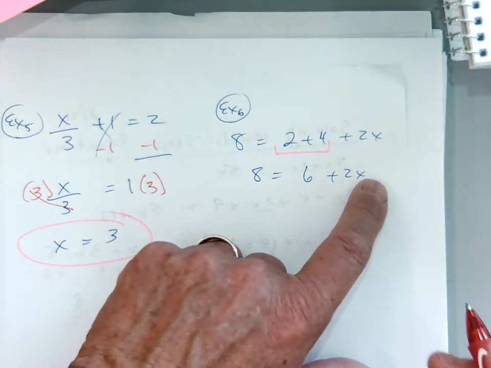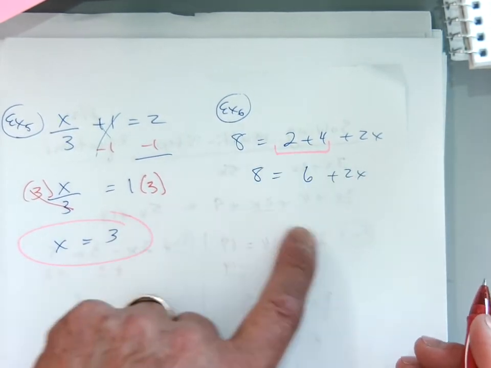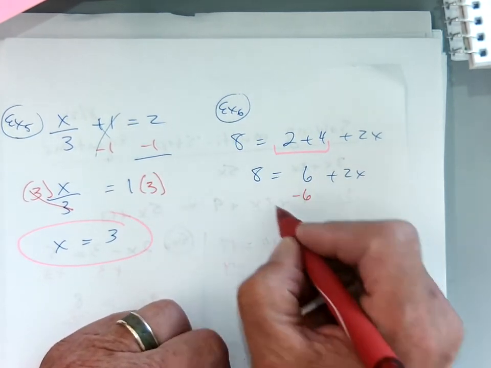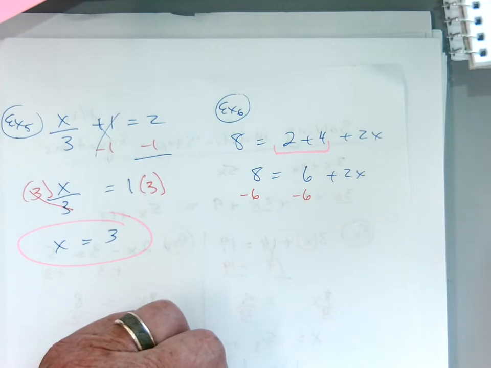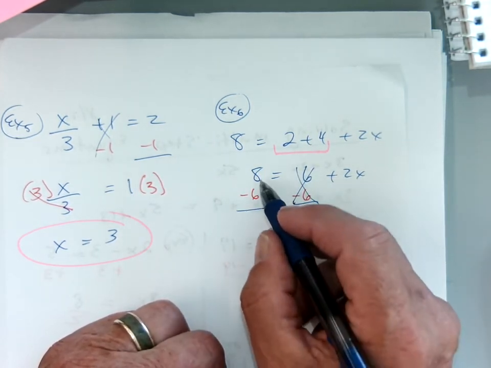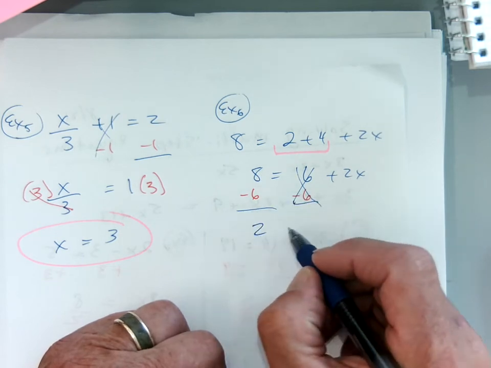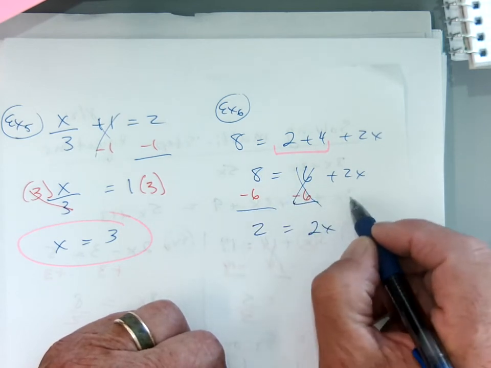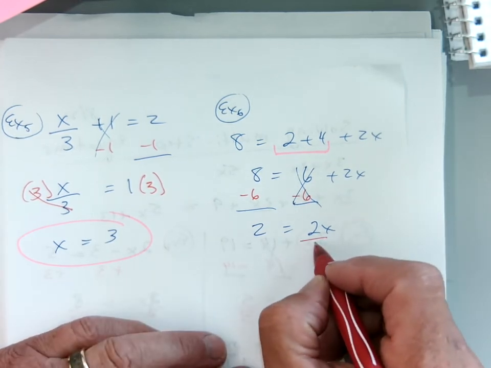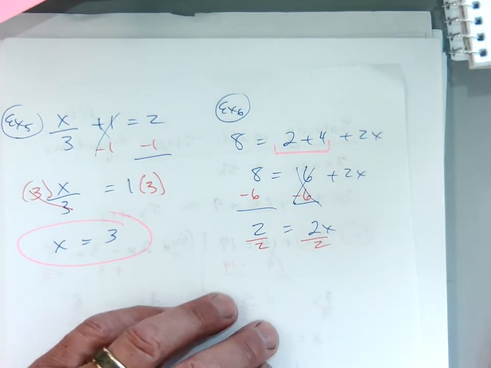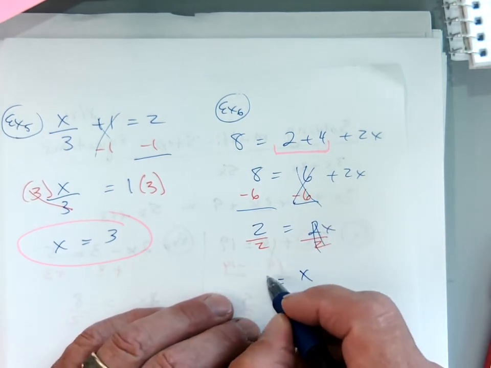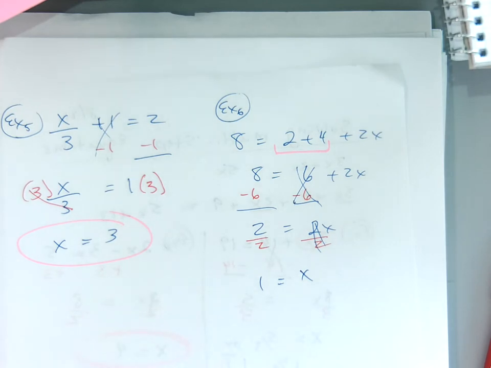The x is on this side, so I need to get rid of all the numbers around the x. I'm going to get rid of the 6 first. It's a positive 6, so I'll subtract 6, because that will indeed get rid of it. Okay, gone. 6 minus 6 gone. 8 minus 6 is 2. My 2x is still in the problem, so it comes down. Now, 2 times x is 2x, so I divide by 2, divide by 2. Cancels. 2 divided by 2 is 1.